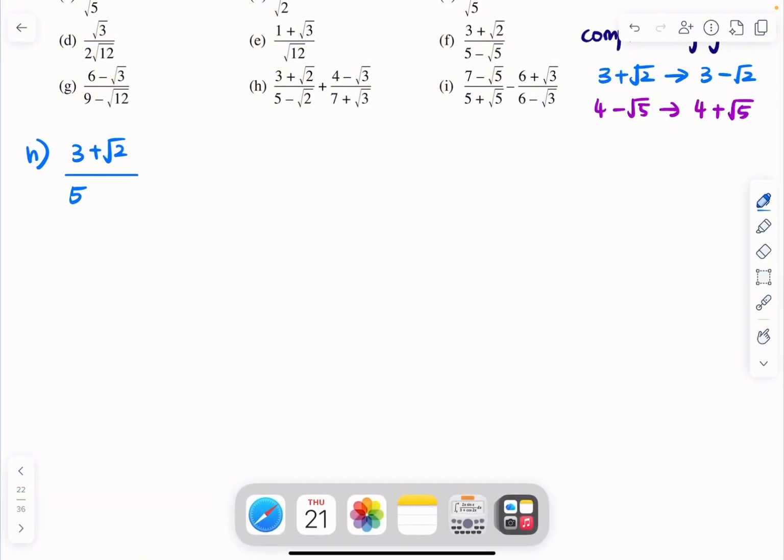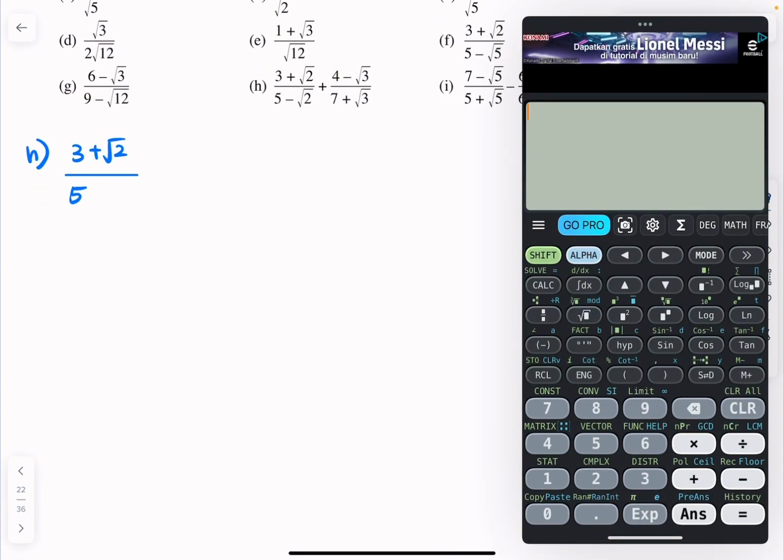Let's just do this with our calculator. 3 plus 2i over 5 minus 2i, this whole thing plus 4 minus 3i divided by 7 plus 3i. Wow. I think we can try.